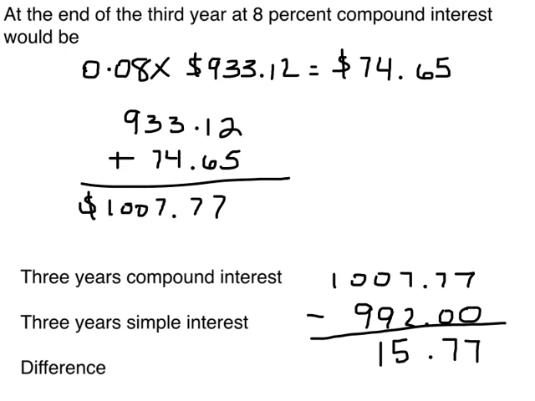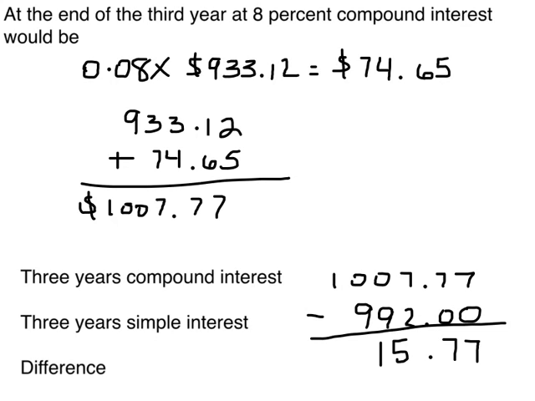But she left it in for 3 years, so at the beginning of the third year, she's going to have $933.12, and they're going to be paying her 8% of that the third year, which is $74.65.